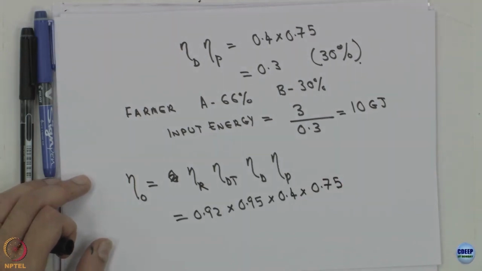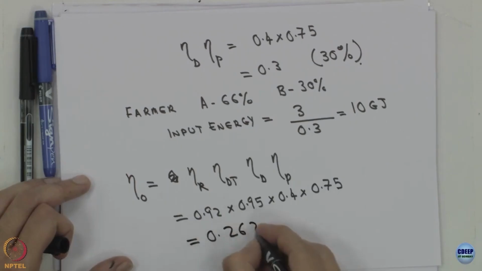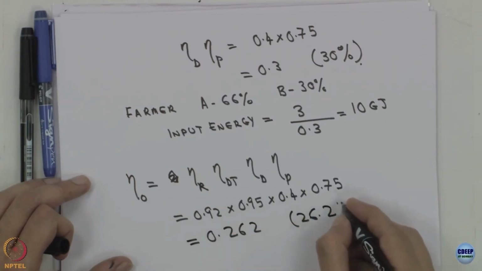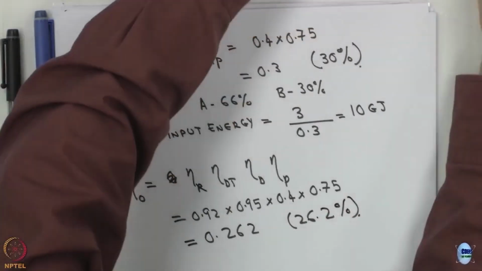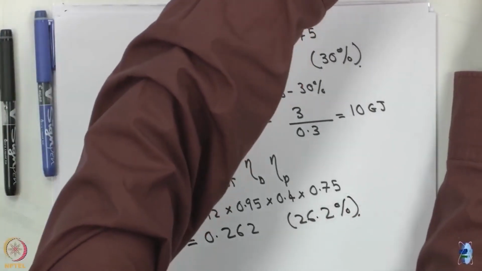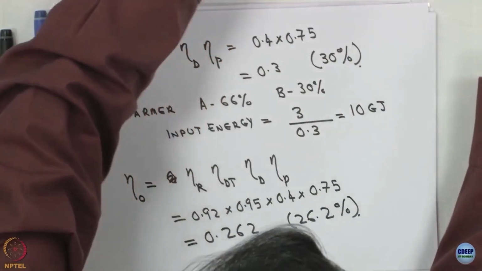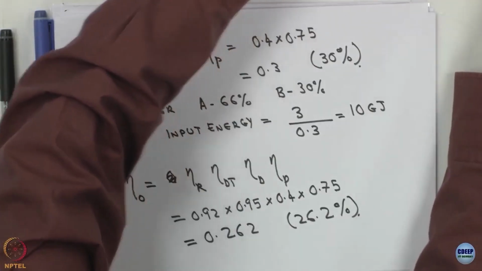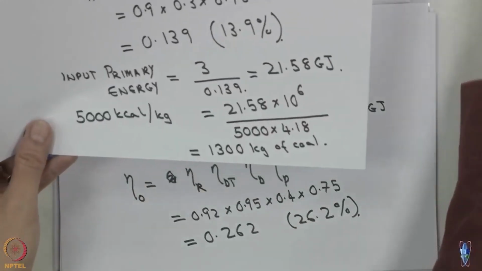That comes out to be 0.262, 26.2%. Now if we compare that with what we had calculated for case A, we had calculated this as 13.9%.